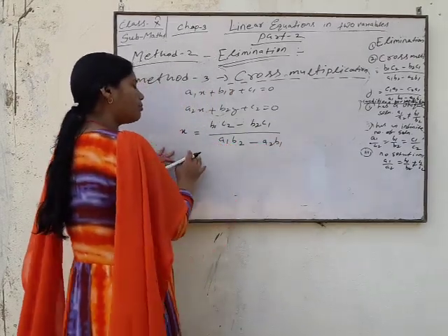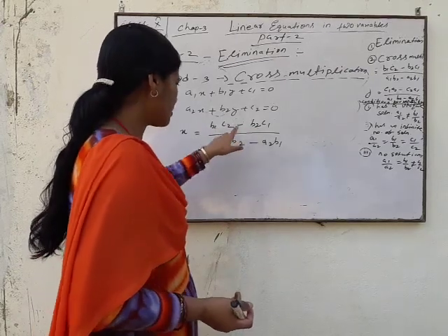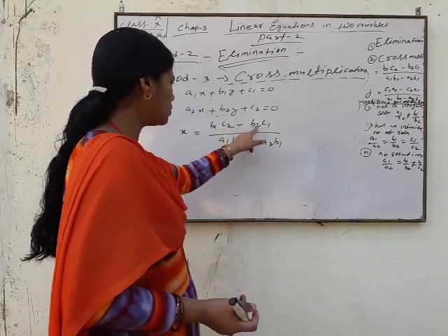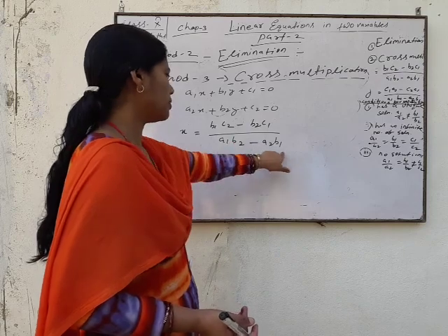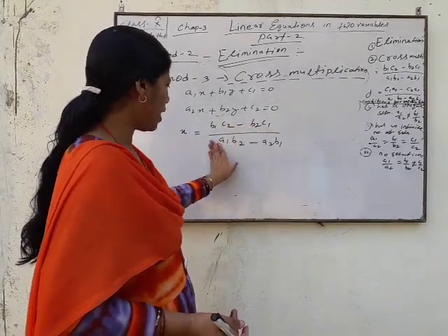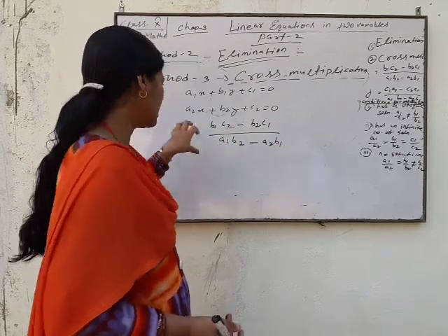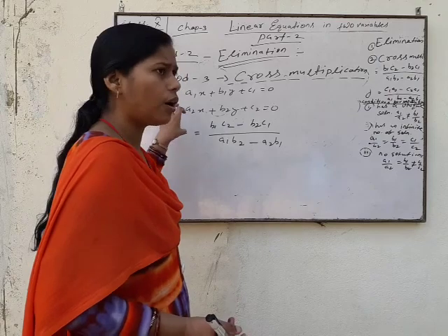This is the value of x. It means BC by AB, 1 2 2 1. Look here, b1 c2 minus b2 c1 divided by a1 b2 minus a2 b1. This is your value of x.